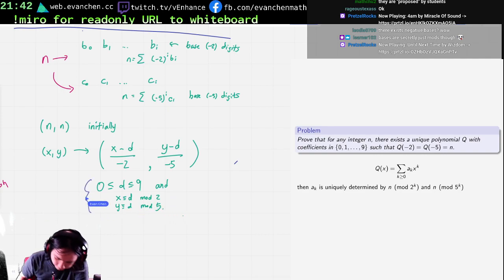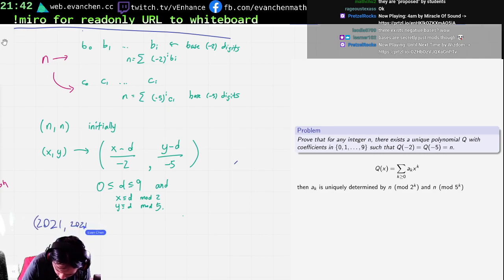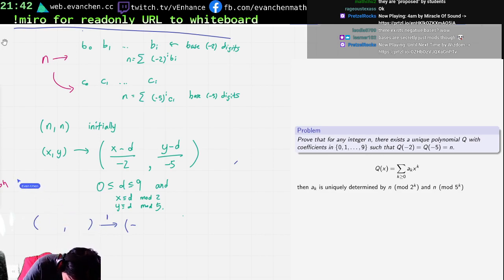If I generalize the problem in this way, it looks like the pair should just decrease, right? Let me run through one example just to make sure I'm not being silly. What's a number? 2021 is a number. So apparently you take the digit 1, and now I replace this with... maybe I should pick a smaller number. This could take a while. 42, best number.